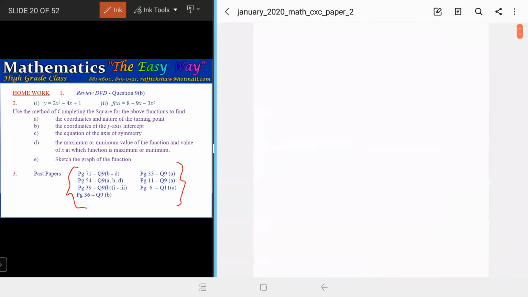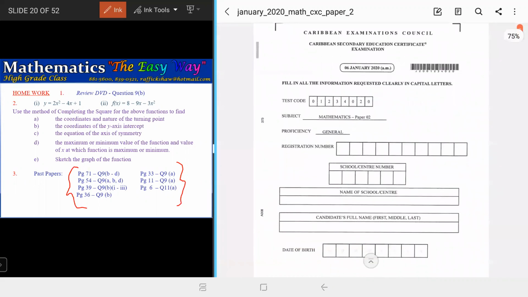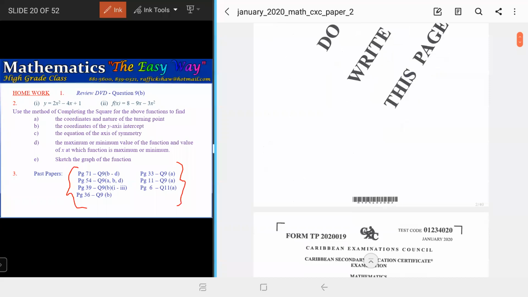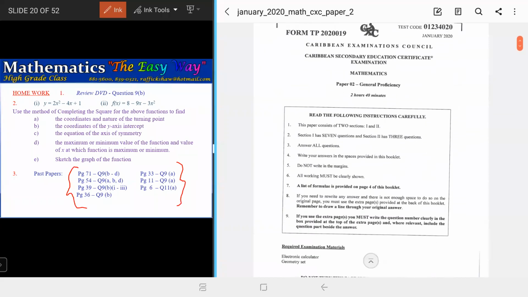That's an actual exam paper, January 2020, paper 2. CSEC exam paper, very recent.